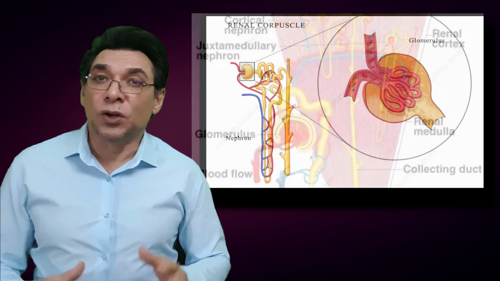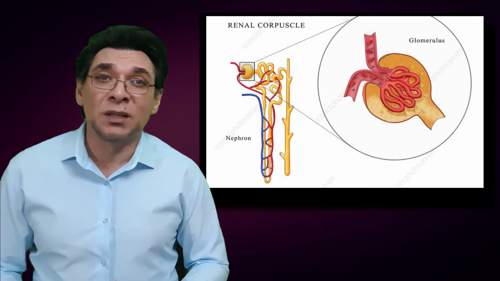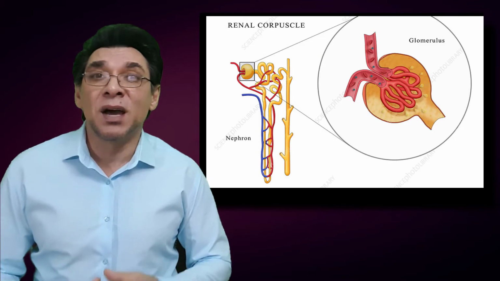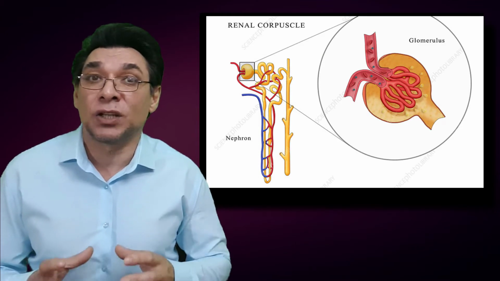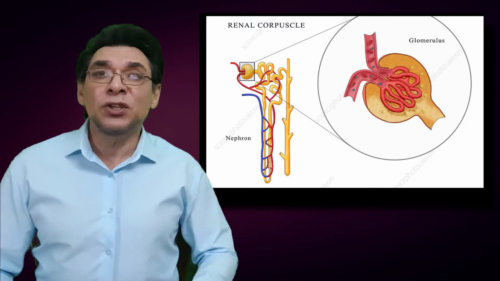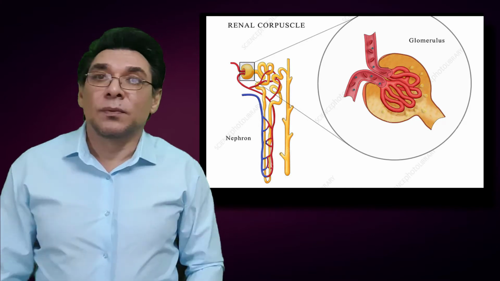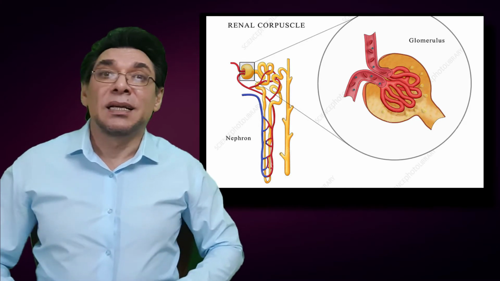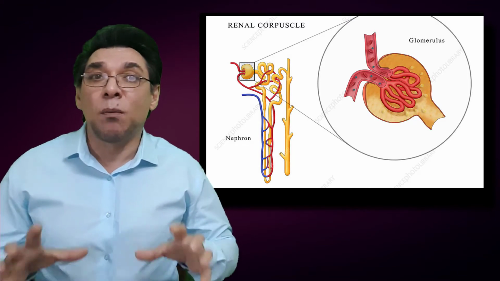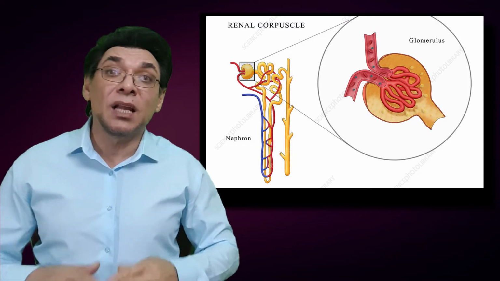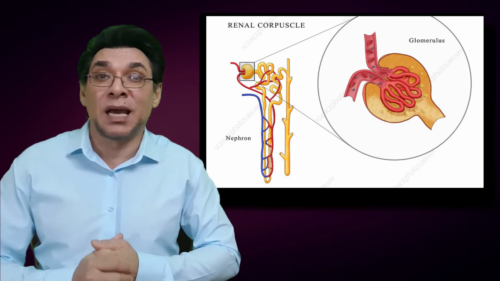The renal corpuscle of the nephron consists of the Bowman capsule and the glomerulus. The Bowman capsule consists of the enlarged end of the nephron, which is indented to form a double-walled chamber. The glomerulus is a tuft of capillaries that resembles a ball of yarn and lies within the indentation of the Bowman capsule.